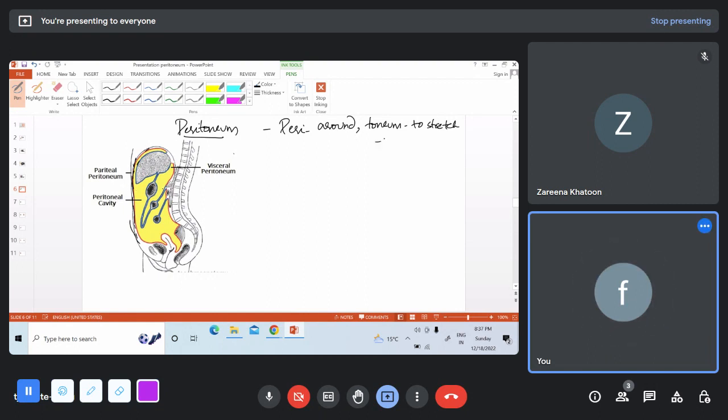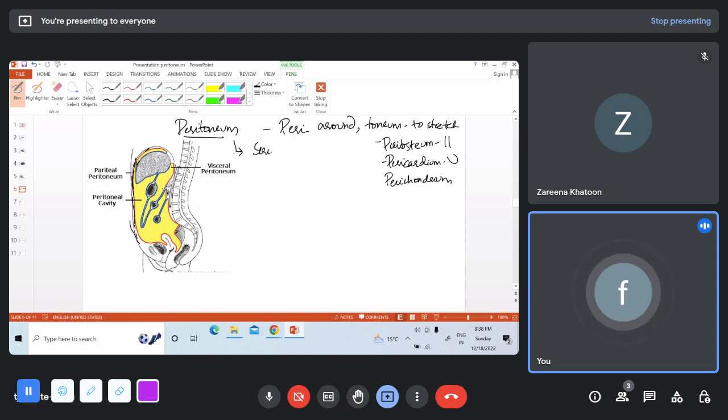देखो, see, peri means around. Similarly, we have periosteum, means the layer covering the bone, around the bone. Similarly, we have pericardium, that is around the heart. Perichondrium. All right. So, इसी तरह the covering which is covering the abdominal cavity is called the peritoneum.